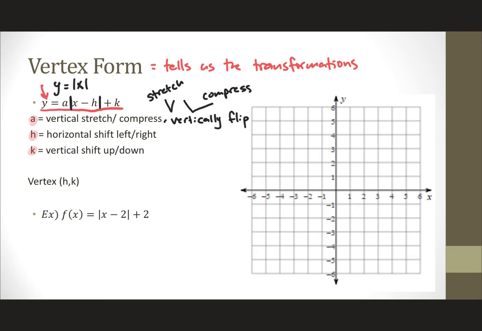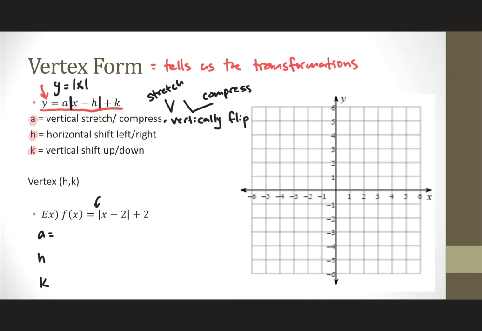An example of this would be this bottom equation. f of x is equal to absolute value of x minus 2, plus 2. If I was going to write out all my transformations, I have A, H, and K. Here they are. As I look, A should be right here.